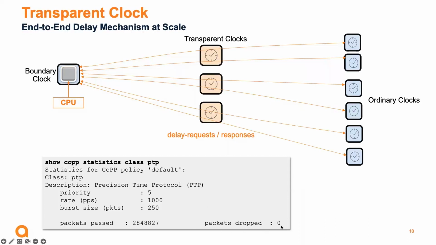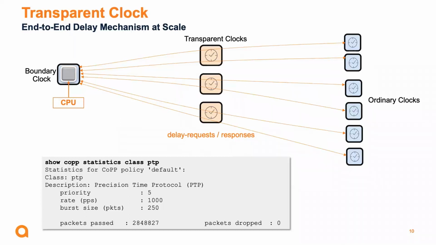Now you could think there's an easy solution, which is to either change the priority or increase the rate, moving from 1,000 packets per second to, let's say, 5,000. The problem is that you might start impacting other types of traffic, other classes that use that pipe between the ASIC and the CPU, like OSPF and other protocols.